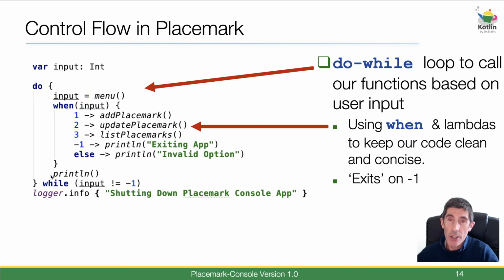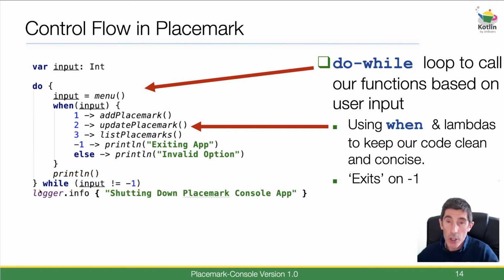We then check that in our when, and depending on what the user has entered, 1, 2 or 3, we will call the relevant function, add place mark, update place mark, or list place marks. Likewise, we have a -1 for exiting the app, so if the user's typed -1, we're just going to jump out. Otherwise, it's going to be an invalid option. And that loop will continue while the user hasn't entered a -1.